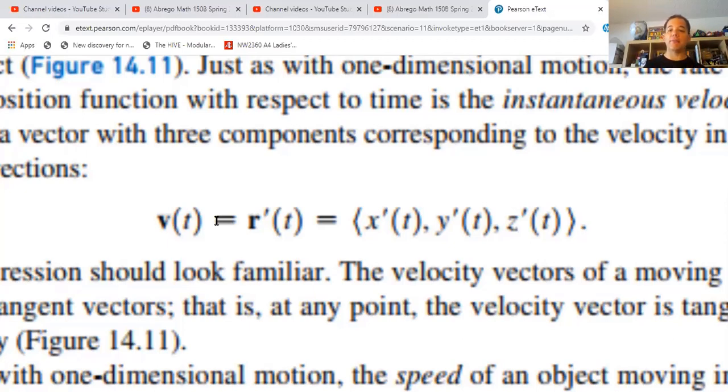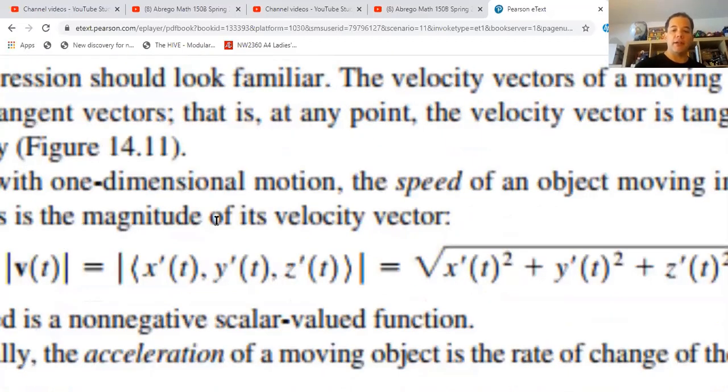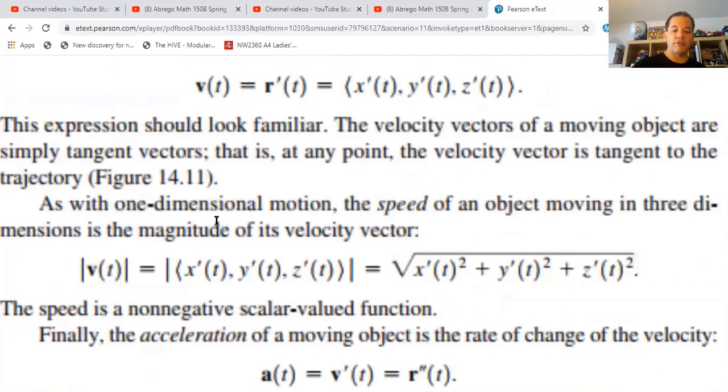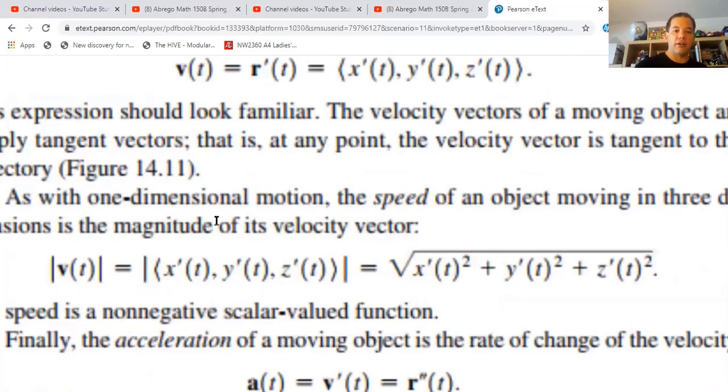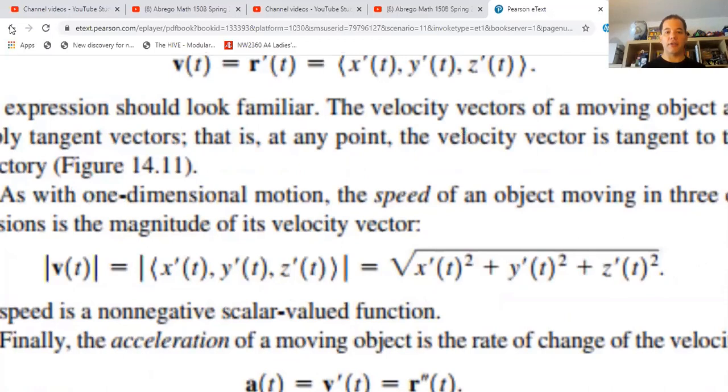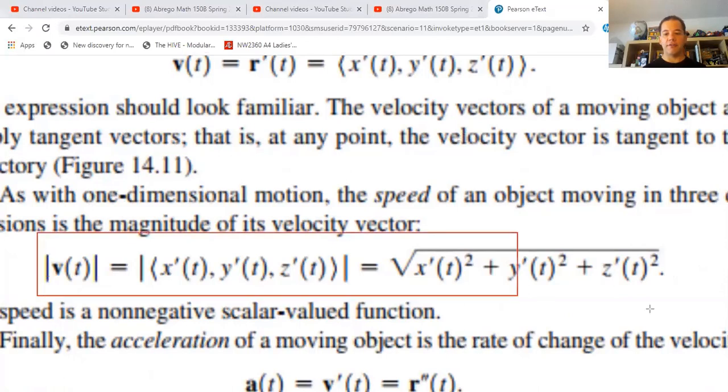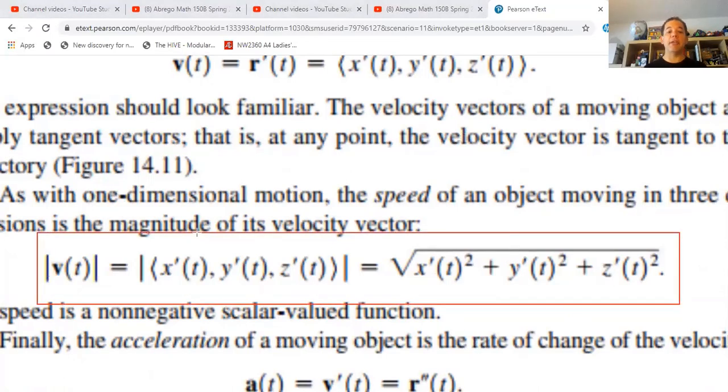The only thing that matters is how fast, without taking into account the direction. And to figure that out, what we need to do is take a look at the magnitude of the velocity. So the magnitude of the velocity, the one that you see now right here, let me put a box around it. The magnitude of the velocity, that is the speed.